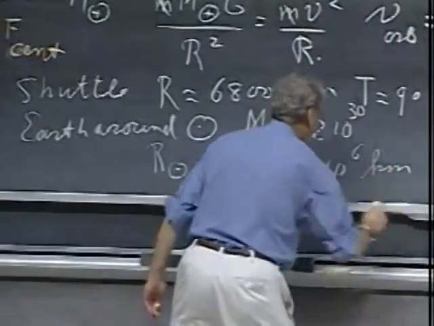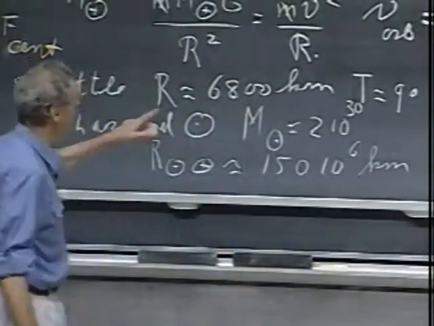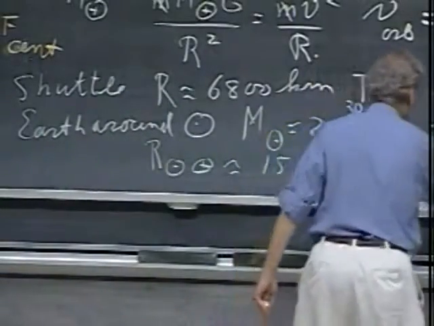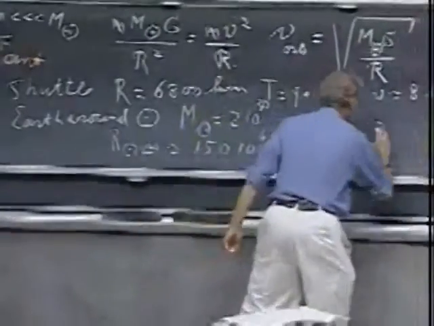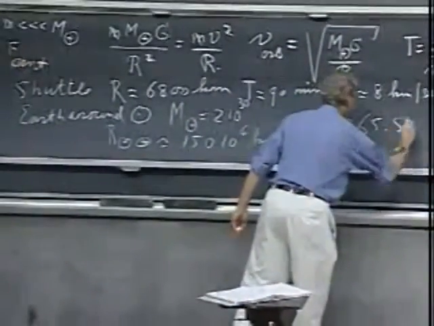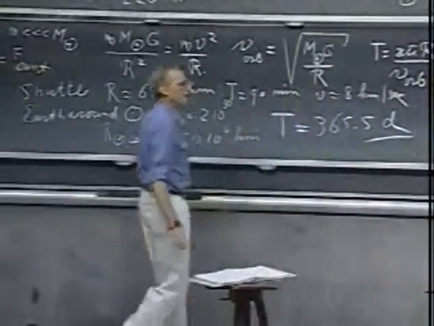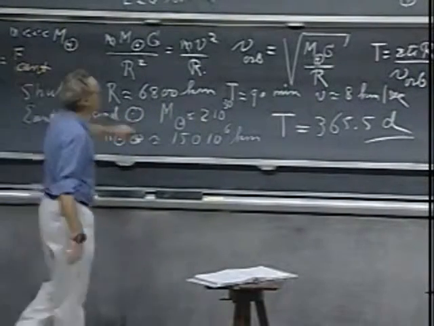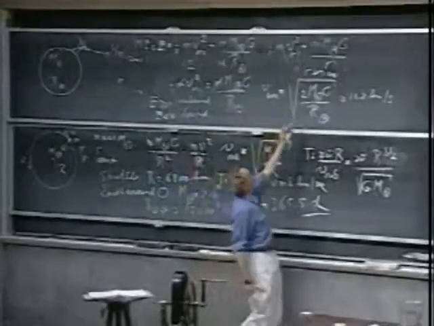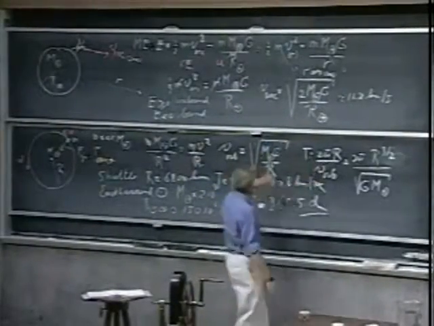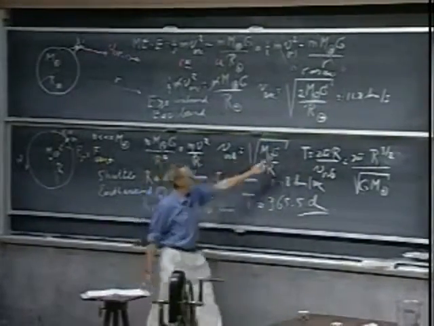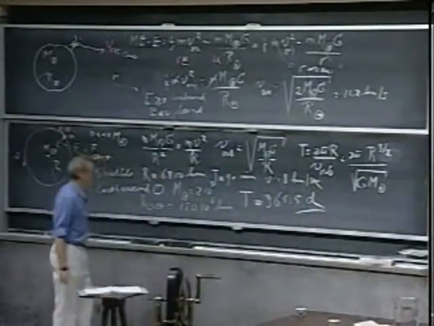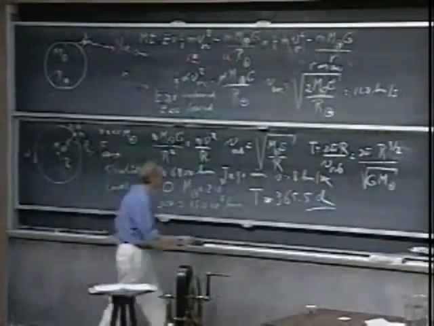Forgive me for mixing up meters with kilometers, but you have to convert that, of course, to meters. And when you calculate how long it takes the Earth to go around the sun, no surprise, you'll find 365.5 days. So there's simply substitution of these two quantities in the equation that I have here. The velocity of the Earth in orbit is about 30 kilometers per second.